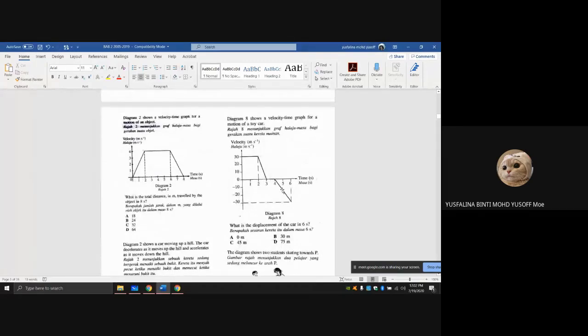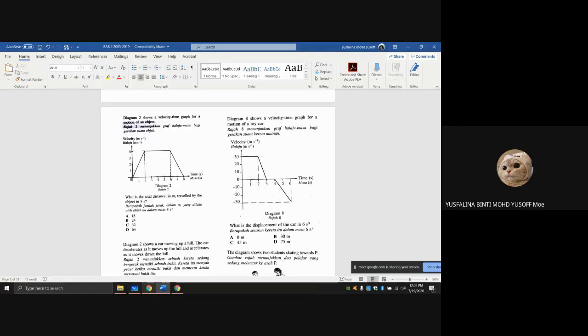Okay, the next one, what is the total distance? So this is a graph of velocity. So this one wants to find the total distance. So the total distance from the graph for velocity, you have to find the area under the graph.